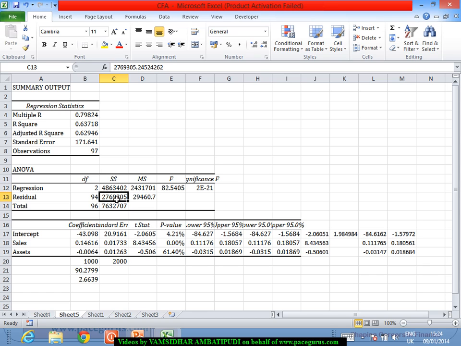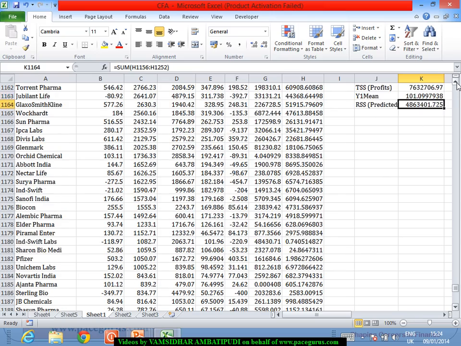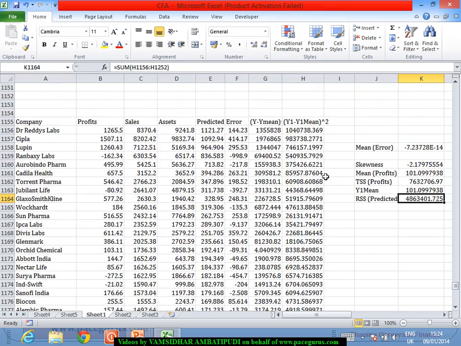The remaining becomes the residual sum of squares. The other way to identify the residual sum of squares is that we already have this error.